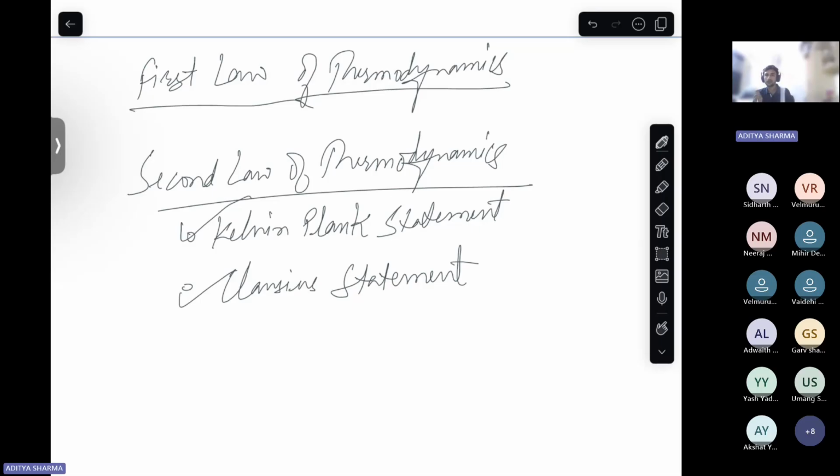And what is your Clausius statement? Clausius statement basically talks about, you can take the example of a pump, or refrigeration, right?